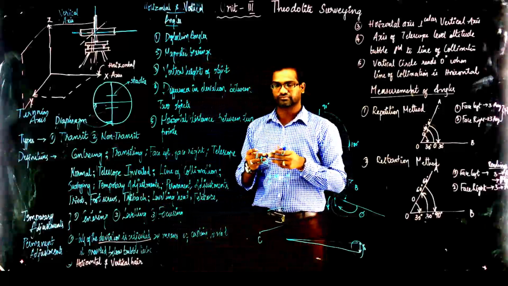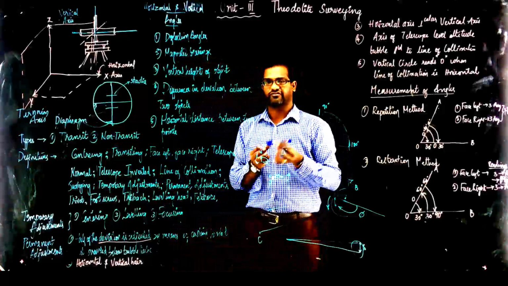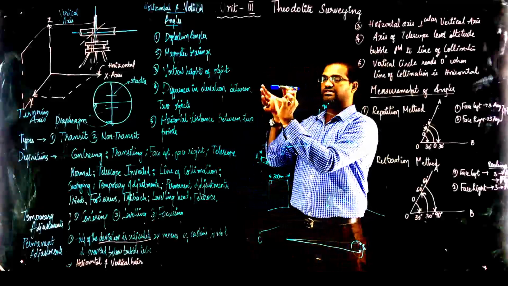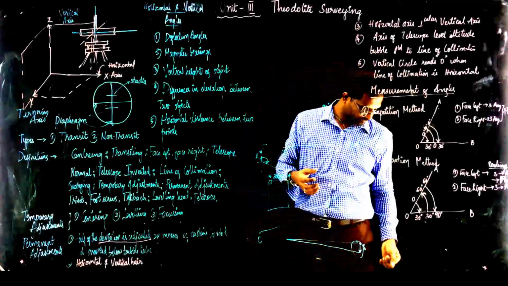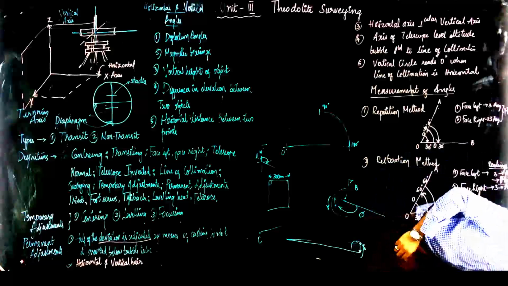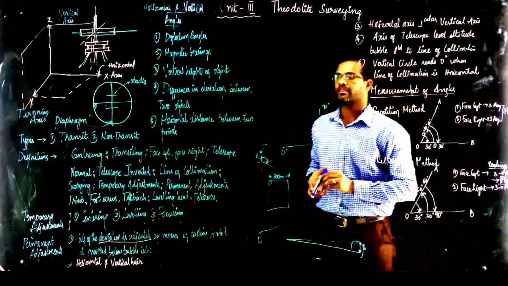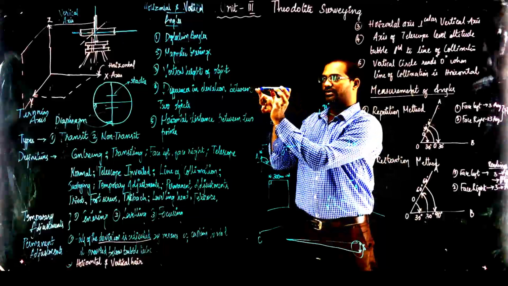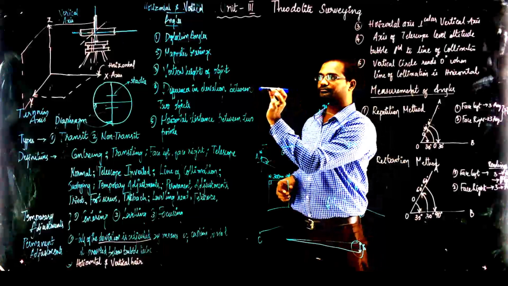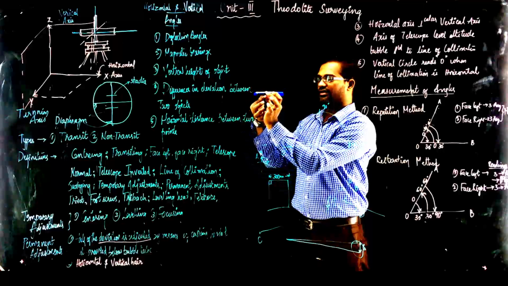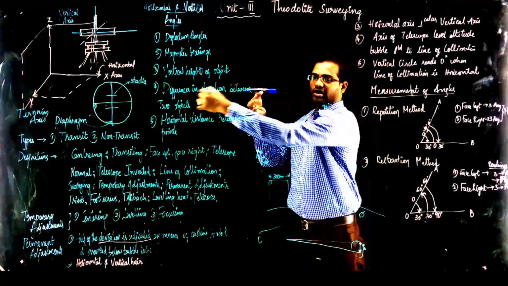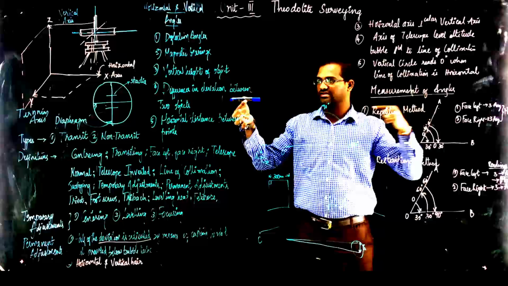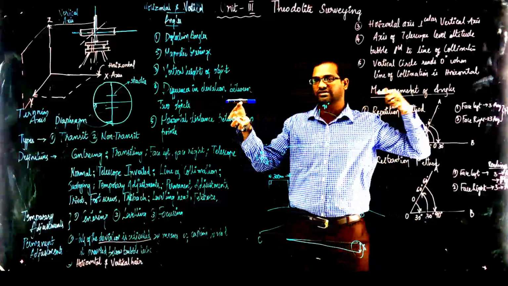For example, if this is my telescope, and the telescope is fitted to this, and if I draw a line something like this, it is called the horizontal axis.